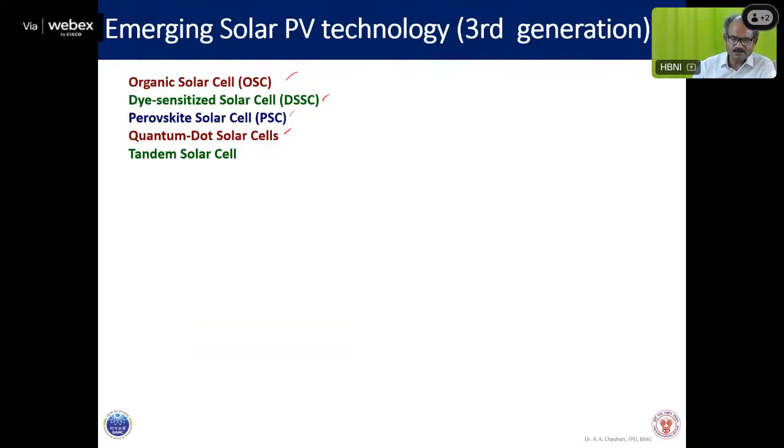Then dye-sensitized solar cells, perovskite solar cells, quantum dot solar cells, and tandem solar cells, like in the last we have multi-junction solar cells. Tandem is also one solar cell with one junction deposited over another solar cell.